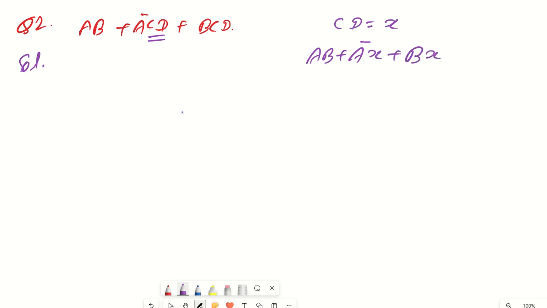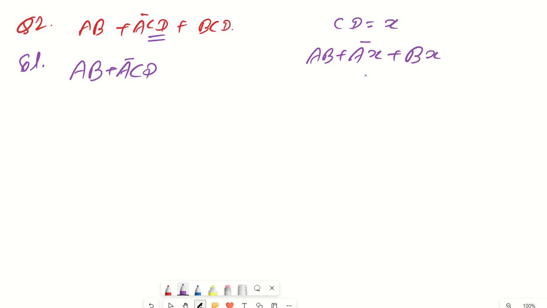According to the consensus theorem, BX is redundant, so it will be AB plus A bar X. So the solution will be AB plus A bar CD.